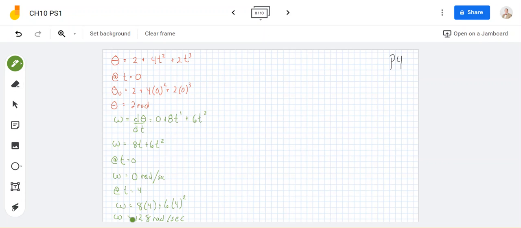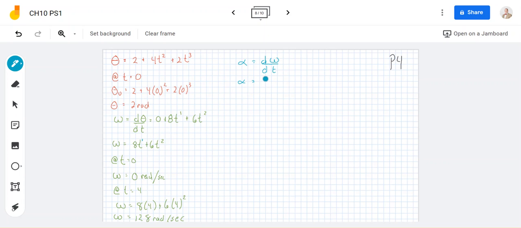D says calculate the angular acceleration at t equals 2 seconds. Well, one of the things we remember is that acceleration is the derivative of the angular velocity with respect to time. Again, I'm going to apply the derivative algorithm, which says take your function, don't forget this is to the 1, multiply the coefficient by the exponent and subtract 1 from the exponent.